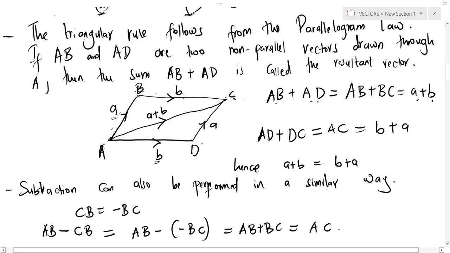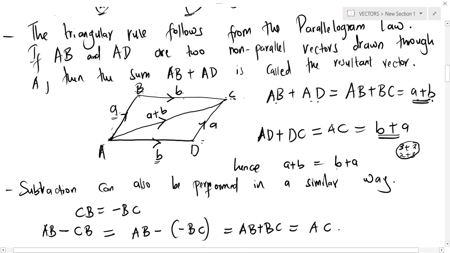Similarly, evaluating AD plus DC. So clearly, as you can see, AD is B plus A. B plus A is just the same as A plus B because addition is commutative. If you have 3 plus 2, it's just the same as 2 plus 3.